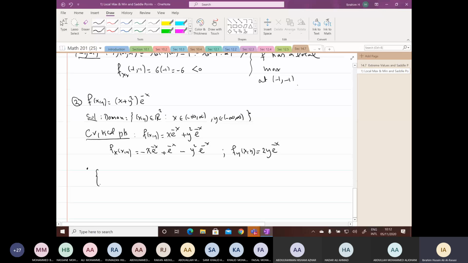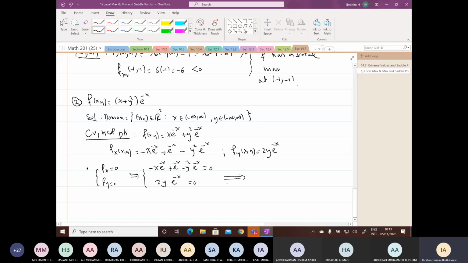Now for the critical points of the first type, you have to solve the system f sub x equal to 0 and f sub y equal to 0. This becomes minus x e to the minus x plus e to the minus x minus y squared e to the minus x equal to 0, and 2y e to the minus x equal to 0. But here I can simplify a little bit, because e to the minus x is never 0.